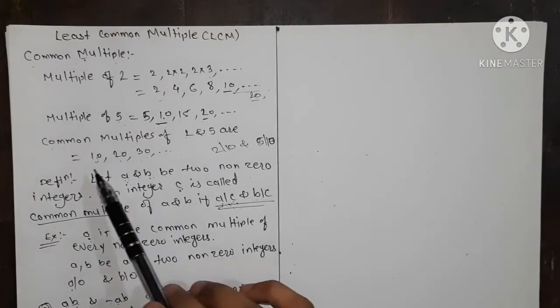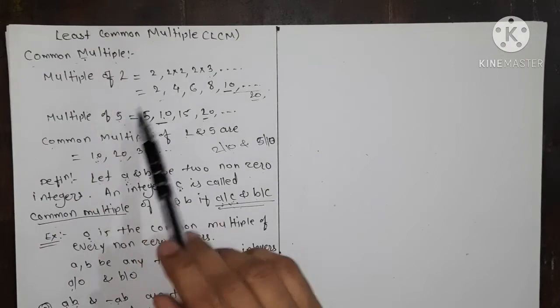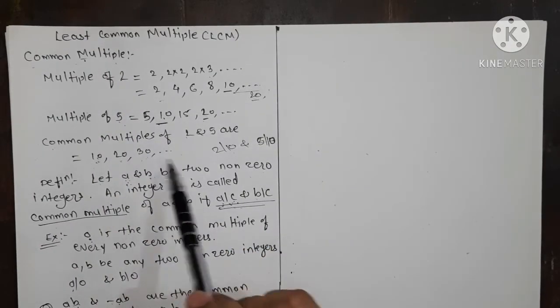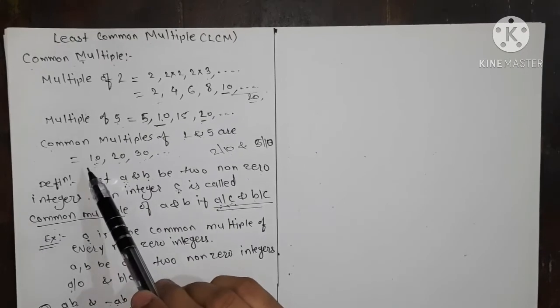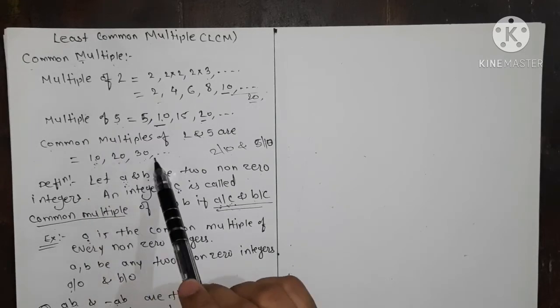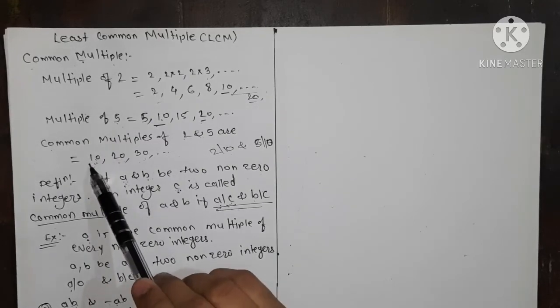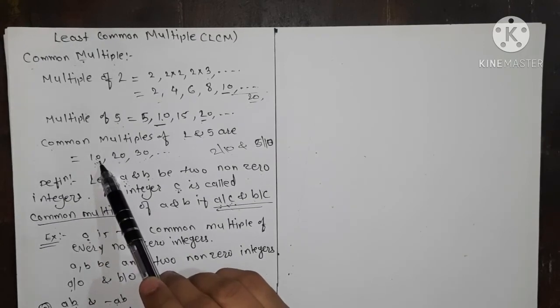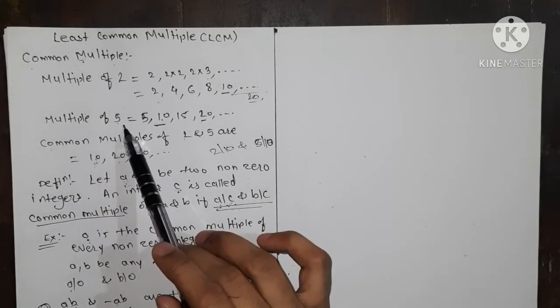As in this example, for the multiples of 2 and the multiples of 5, the common multiples are 10, 20 and 30, and we choose the least of them, that is, the smallest integer from these multiples, which is 10. Therefore, we call 10 the least common multiple of 2 and 5.